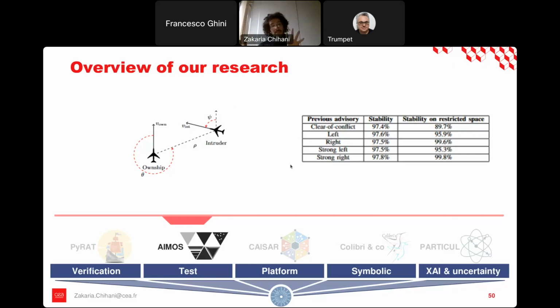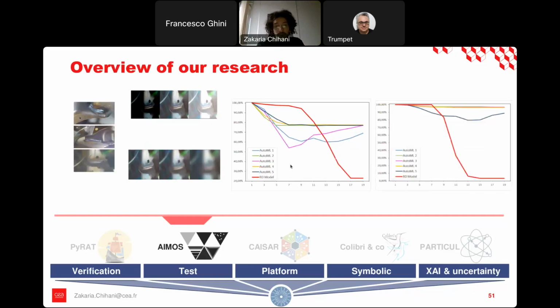For example, with ACAS you have answers depending on the angle of approach. If you have an answer A for an intruder coming from the left, you should have the symmetrical answer if the intruder is coming from the right. So you can generate tests based on this symmetry in the input that implies symmetry on the output. We did that, and we were able to check stability for this.